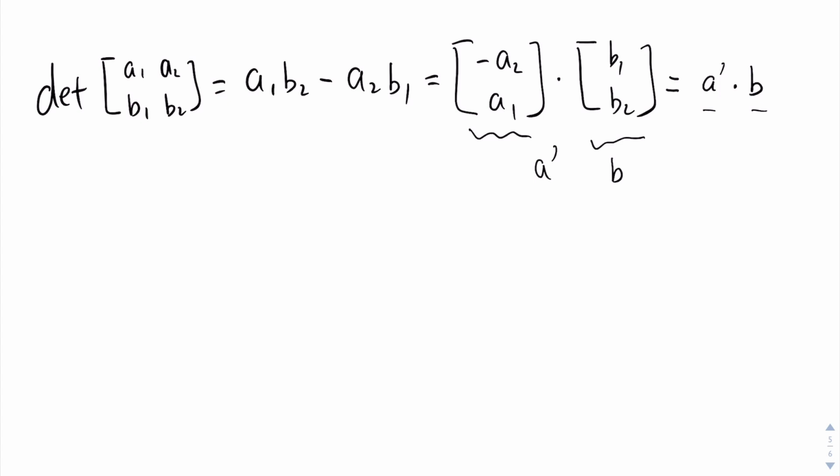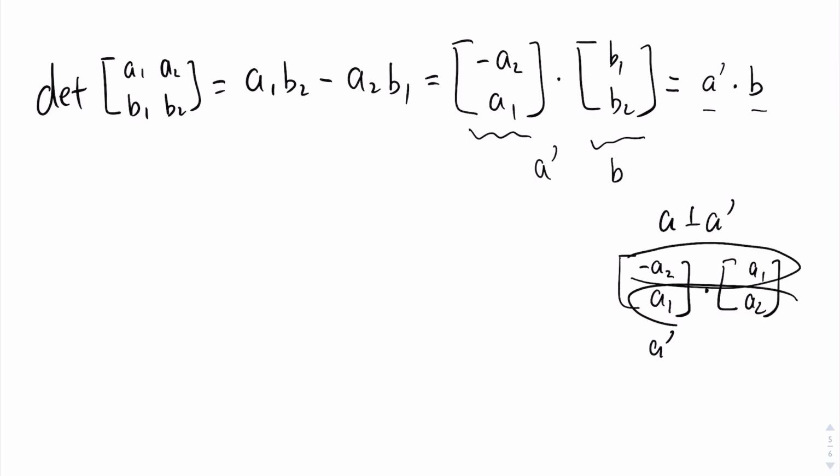A and B are two vectors. One more thing to notice here: the vectors A and A prime are actually perpendicular. Why is this? Well, take the dot product of the vector minus a2, a1, which is A prime, and the vector A, just a1, a2.